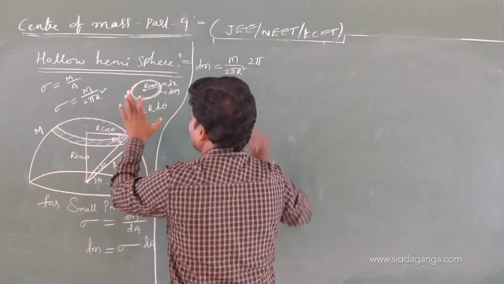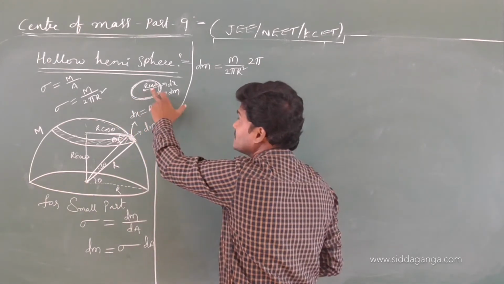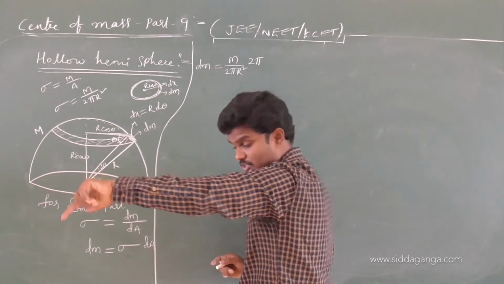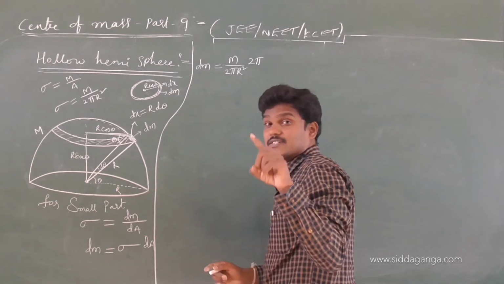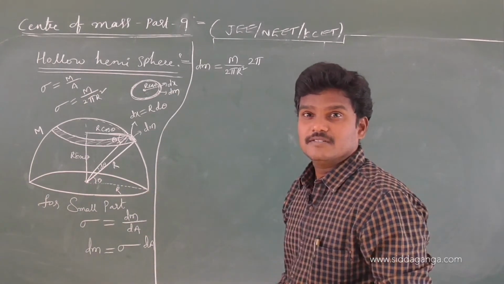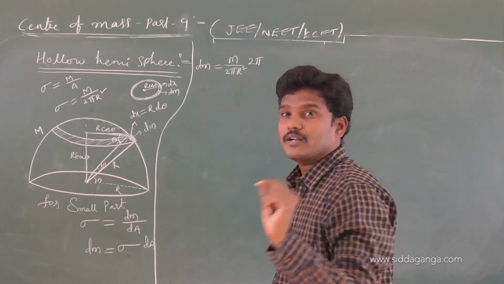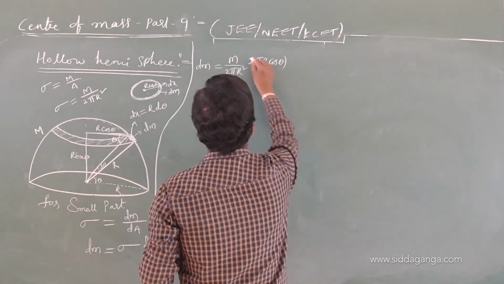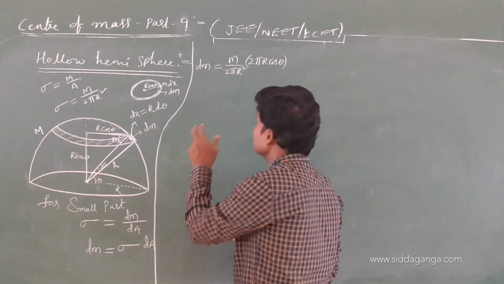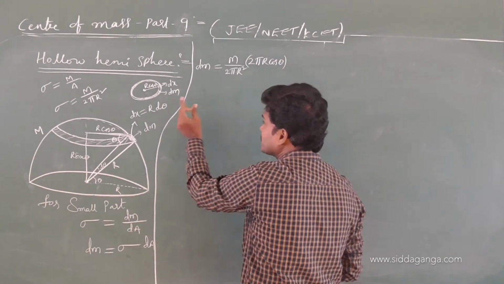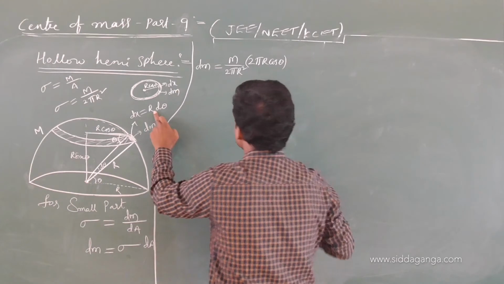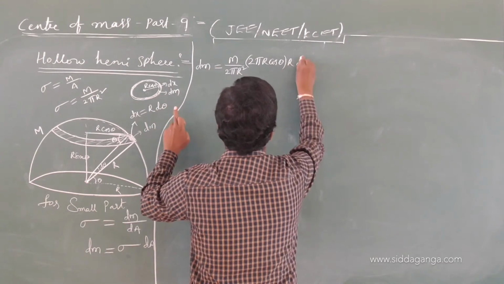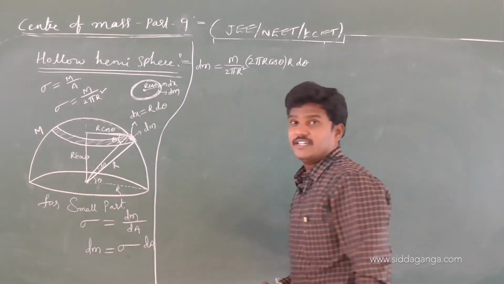What is r? It is not a single r, it is r cos theta. From the top view, the radius of that circle is r cos theta, then the circumference of the circle is 2 pi r cos theta. So 2 pi r cos theta into dx. Breadth is dx. What is this dx? dx is r d theta. Observe carefully.